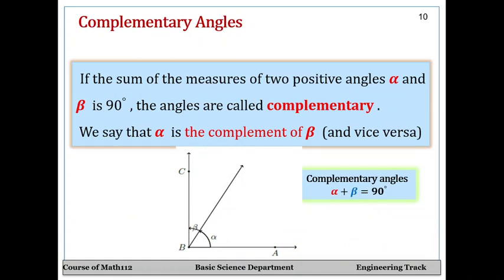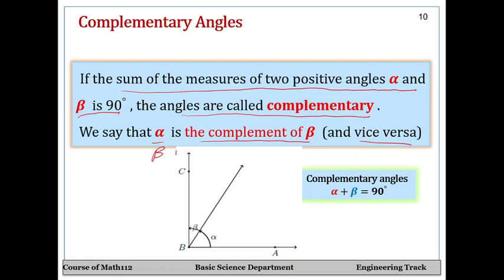Now we can classify the pairs of angles. If the sum of the measures of two positive angles, alpha and beta, is 90 degrees, then these angles are called complementary angles. And we say alpha is the complement of beta, and vice versa. What vice versa means here is beta is the complement of alpha.